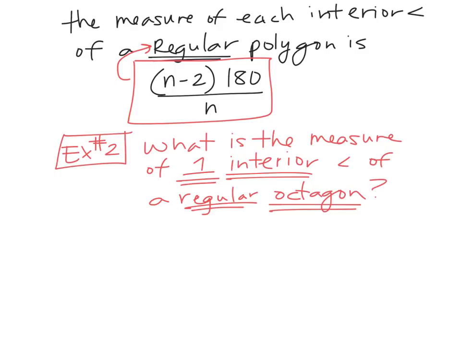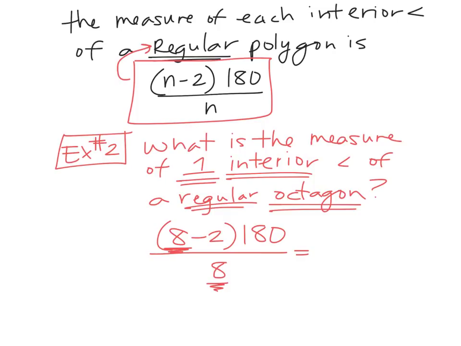How many sides in an octagon? 8. Okay, so if I'm looking for one, what am I plugging in here? 8 minus 2 times 180. And then what do you got to do? Divide by that number of sides. So whatever was here is going to go here. Okay.